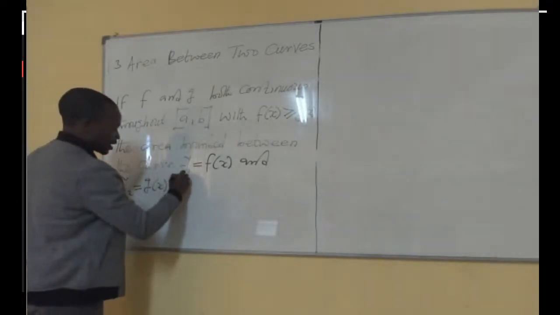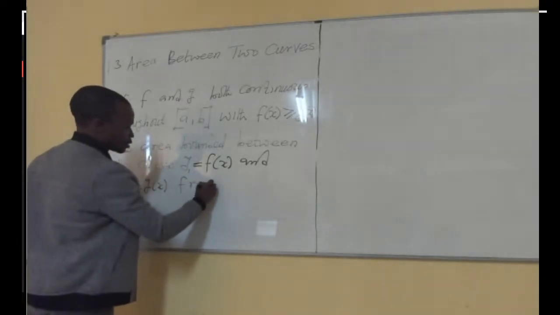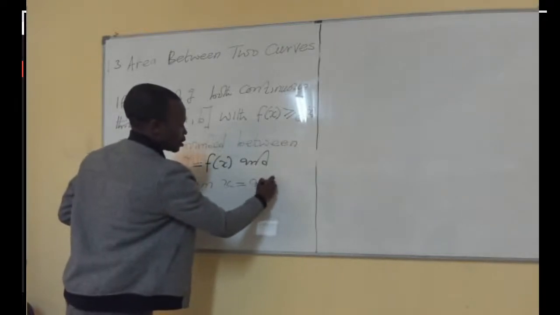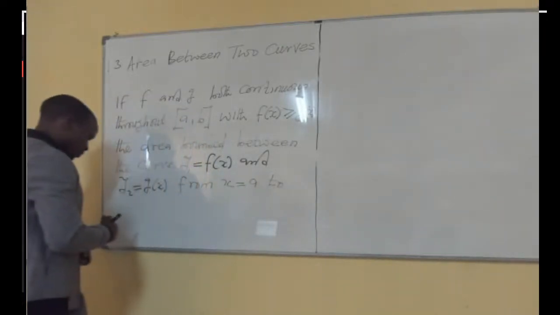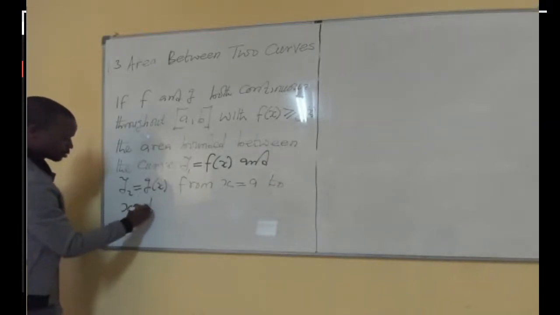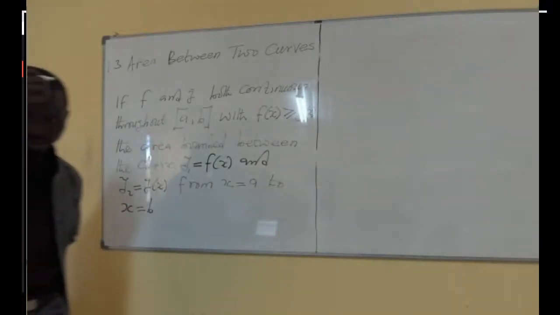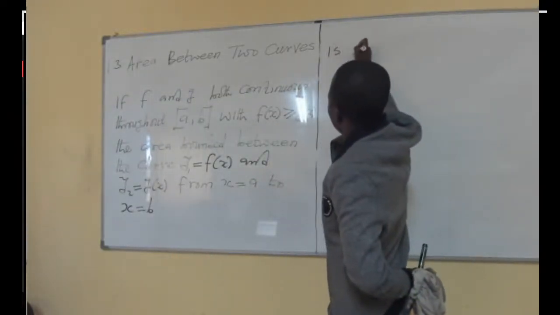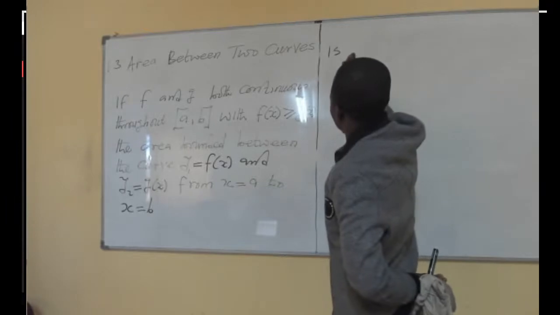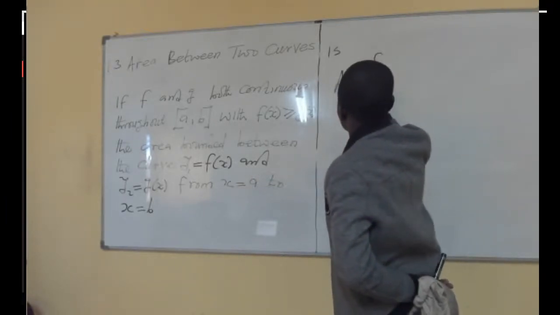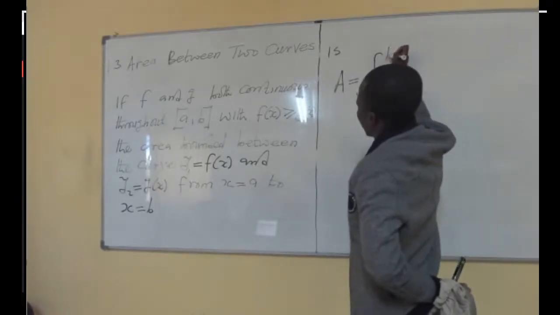from x equal to a to x equal to b, is given by the integral from a to b.